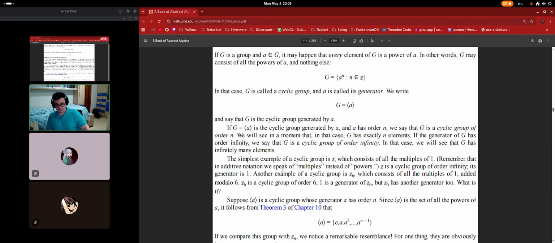Its generator is 1. Another example of a cyclic group is the modulo 6 stuff, which we've seen before, which consists of all the multiples of 1 added modulo 6. But the modulo 6 group has another generator. What is it? I think we've seen this before, right?